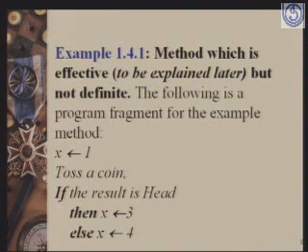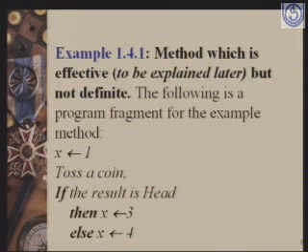The method is something like this. You have a variable x to which you assign a value 1, and for further action you toss a coin, and if the result of tossing the coin is a head, then you assign the value 3 to the variable x. Otherwise you will be assigning value 4 to x.